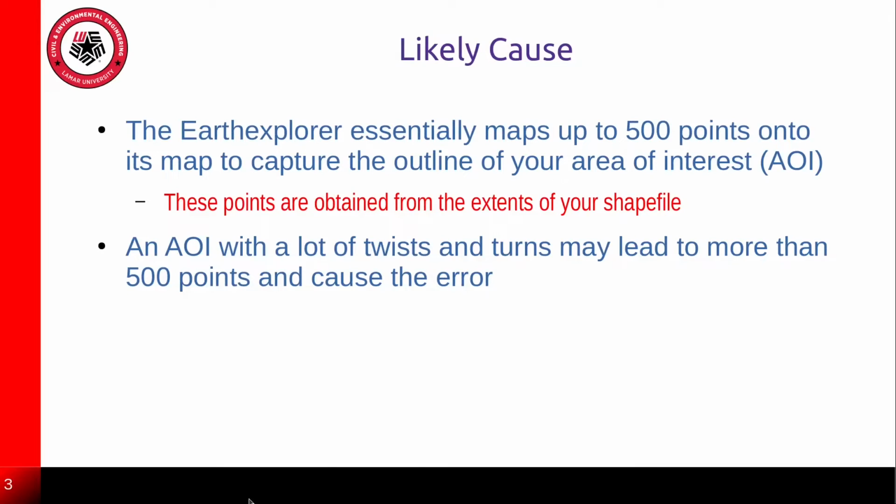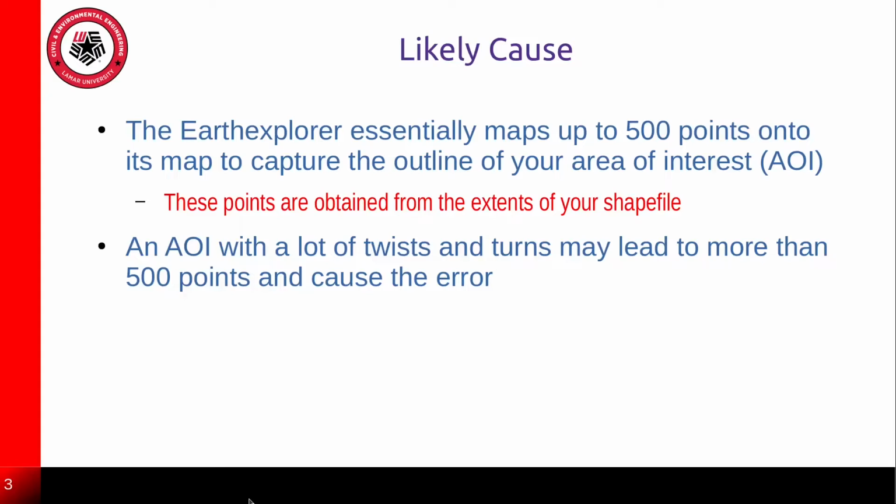What is happening behind the scenes is that Earthexplorer takes your shapefile and then takes the extents of your shapefile and tries to make points on its map. This is the map which will allow Earthexplorer to figure out which tile to extract or show you for your data analysis.